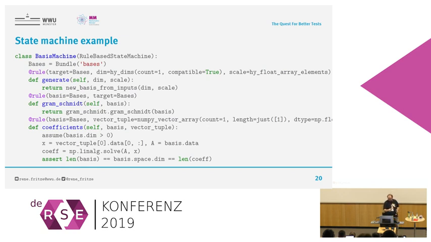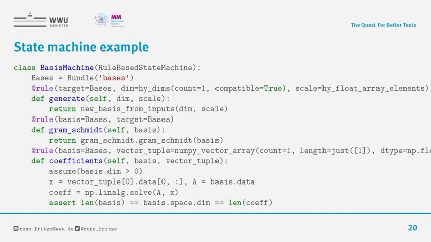I've cut out the actual basis generation because it's a little more involved. And then you can define transfer functions on your state where you know a property should still hold after the transformation. So if I run a basis through a Gram-Schmidt algorithm, I know it's still a basis afterwards. And if I want to display any given vector of the same dimension for a basis, I know that I must be able to solve this linear system here.